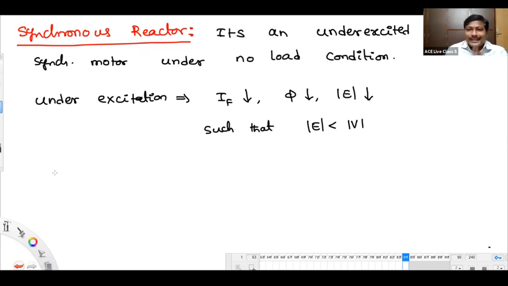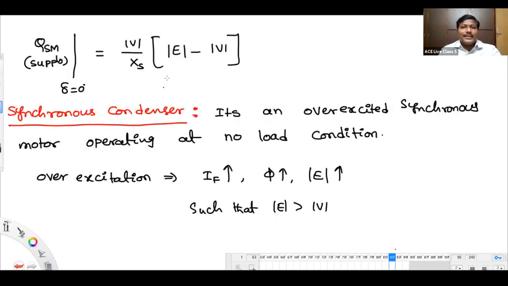Right. In this case, if you take the Q of the synchronous machine supply at delta equals 0, it will be a negative number, no? Because you get E minus V here, and E is less than V, so it is a negative number.